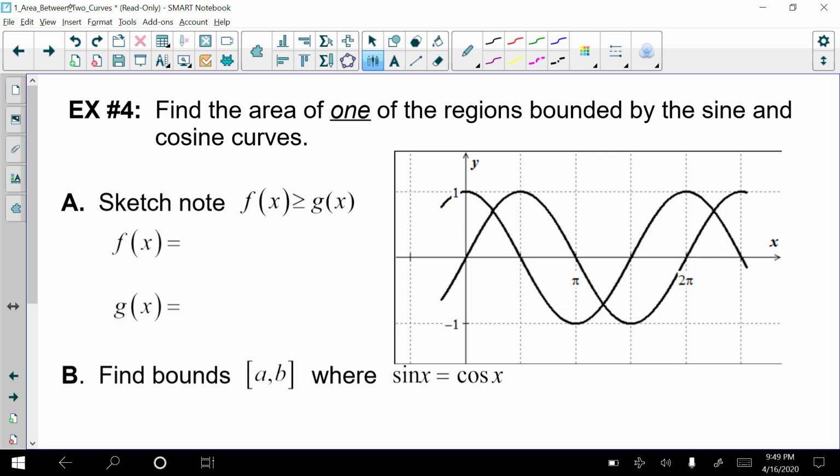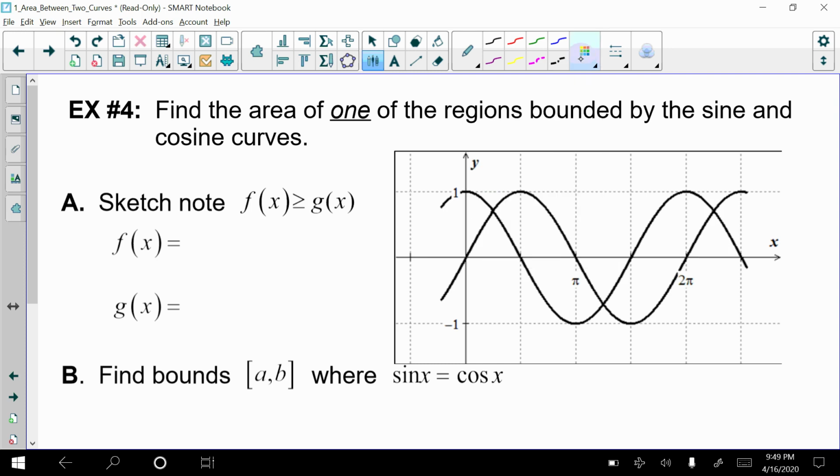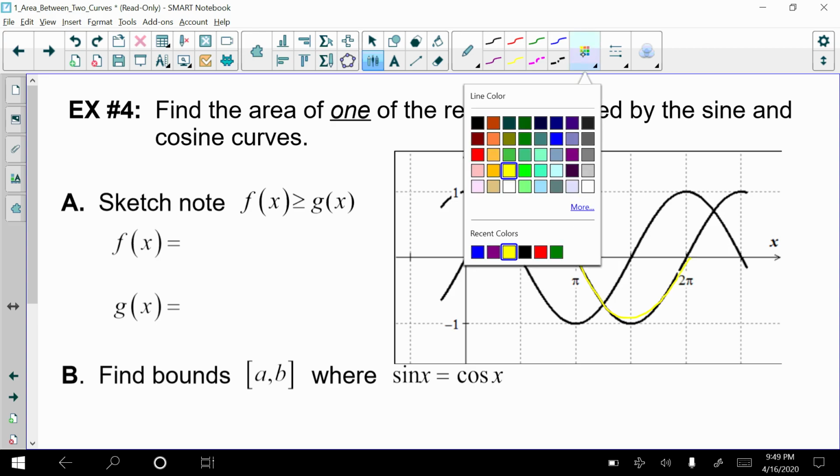The first thing that we're seeing in this example is it's asking us to find the area of one of the regions bounded by the sine and cosine curves. If you're not up to snuff on what your trig functions look like, the sine function always starts at the origin. So the sine function is this one here, where I'm tracing out one period in yellow.